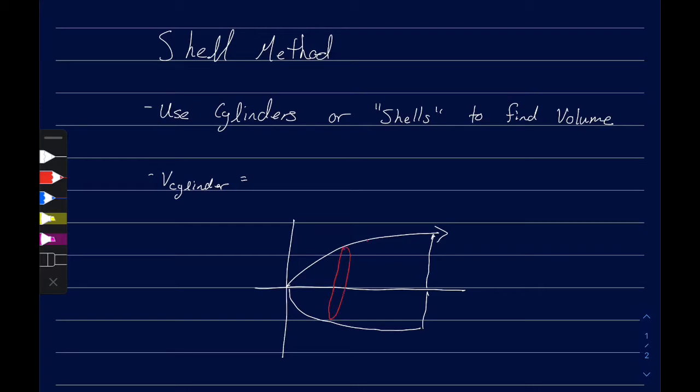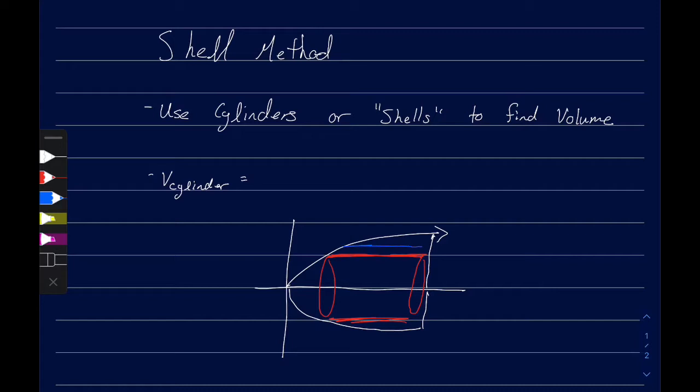When we used the disk method, we broke it up into these little rings with a small thickness and then added up those rings. What we're going to be doing this time is taking small cylinders of a thickness dy in our case, and we're going to be looking at the volume of these cylinders and adding those up.